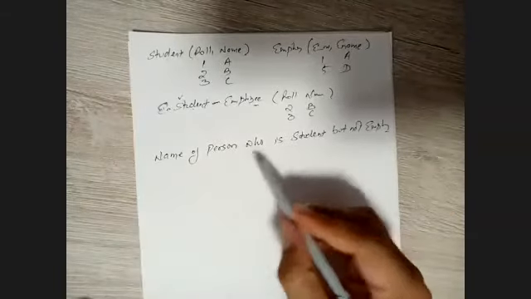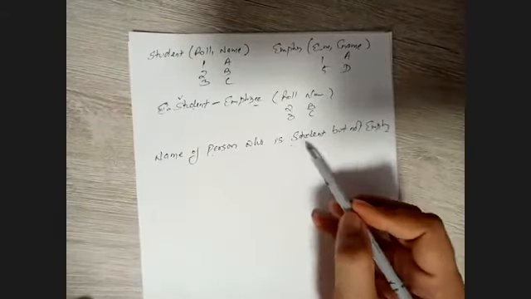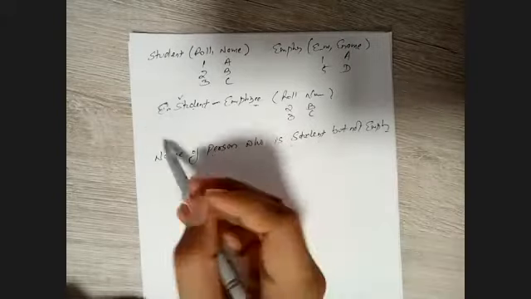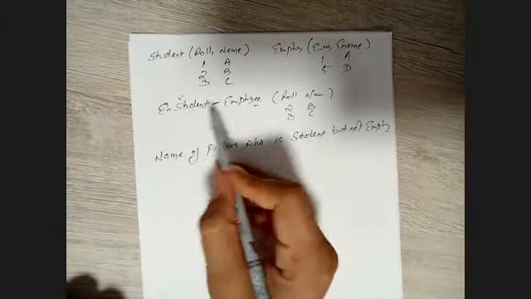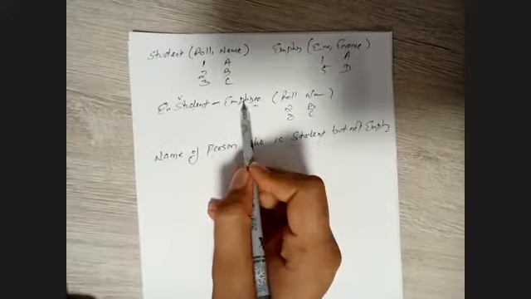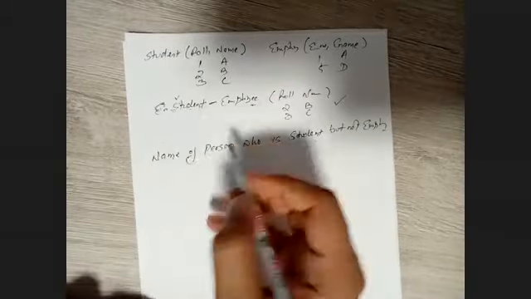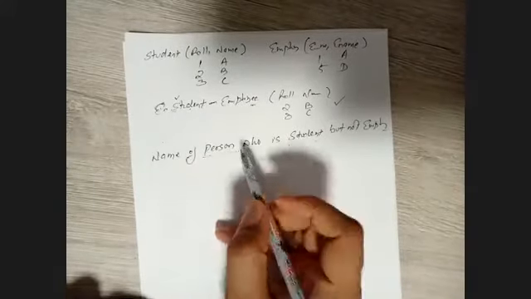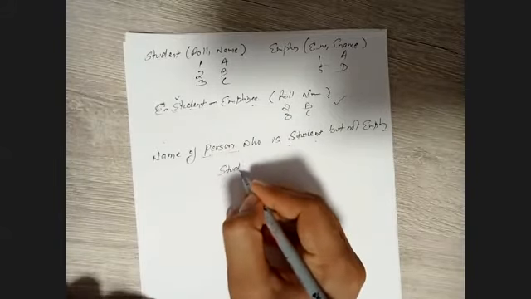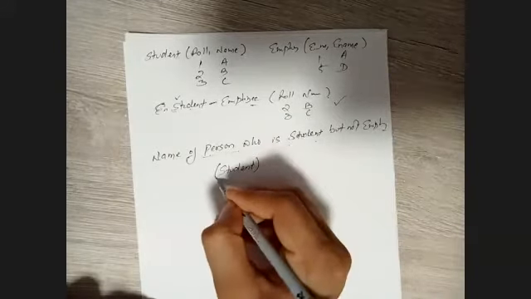Who is a student but not an employee? That is A difference B, yes or no? So the result should be this one here. For this, we are talking about the name of the person, so we are dealing with the name part only. So first we write the student table, we need that.